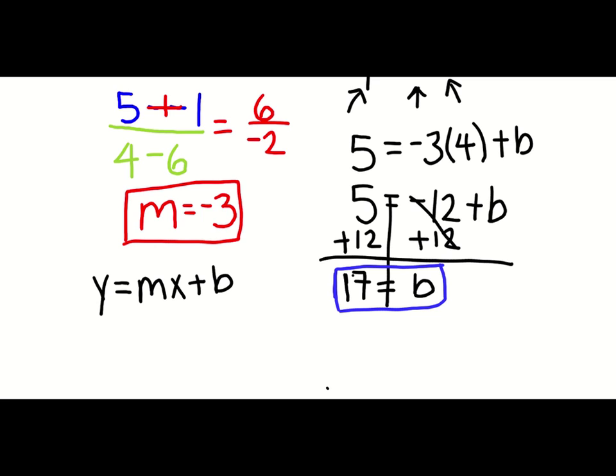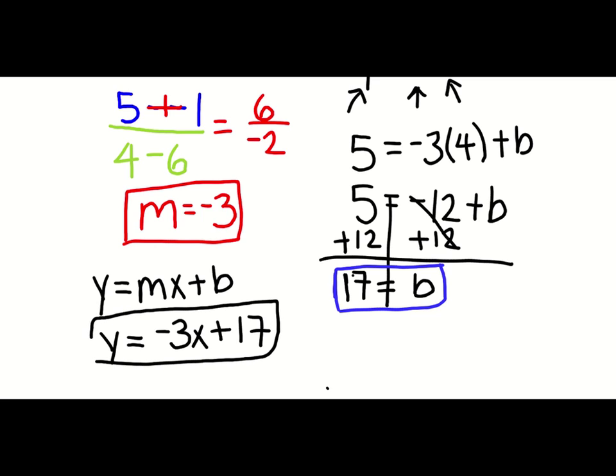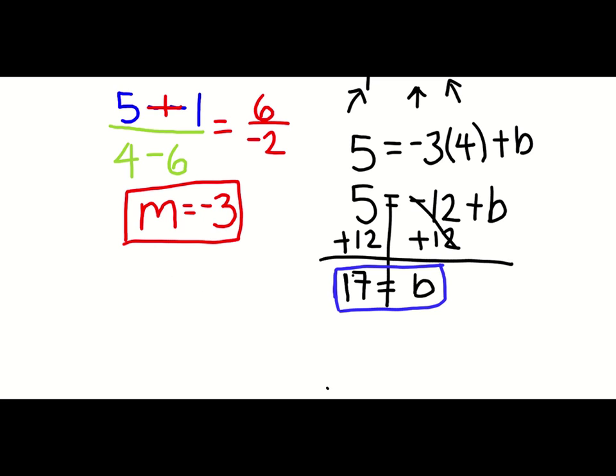And we're going to plug in what we have for m, our slope, and what we have for b, our y-intercept. So this equation of the line, y equals -3x, and then it's a positive 17, so plus 17. So our equation of the line, y equals -3x plus 17.